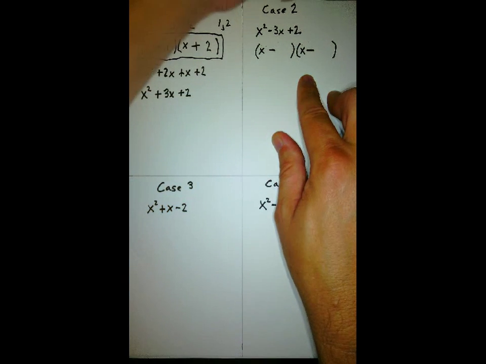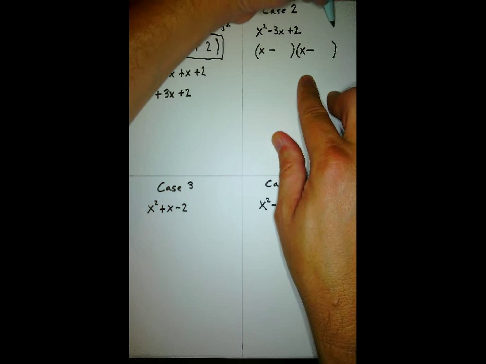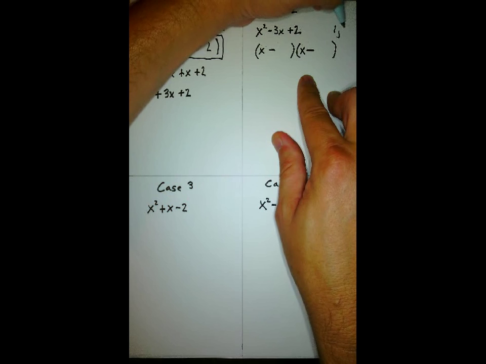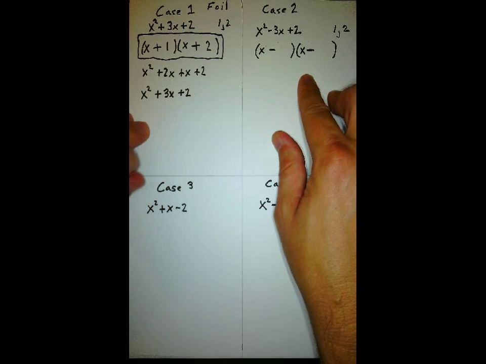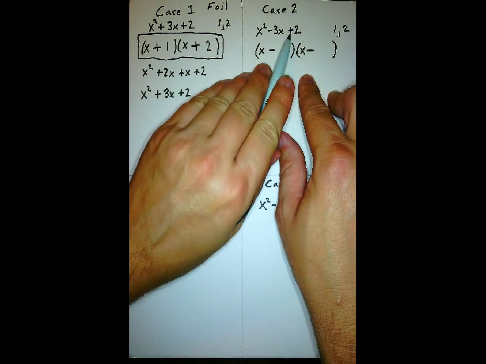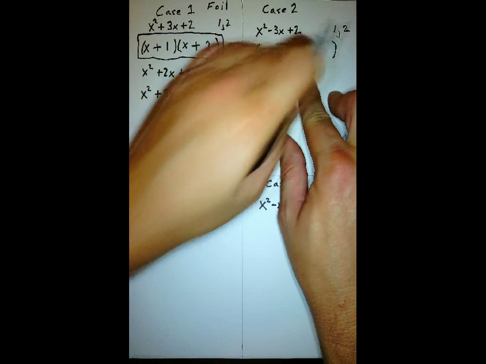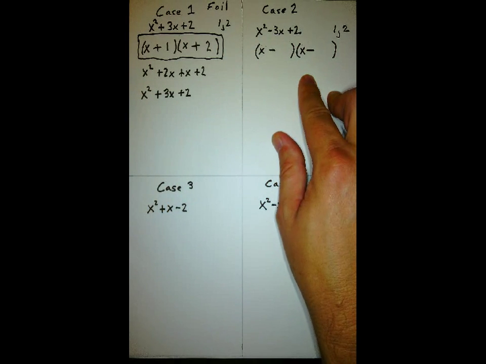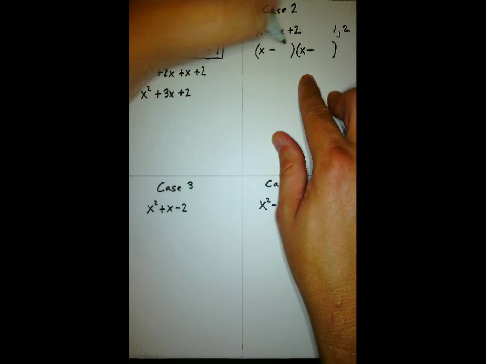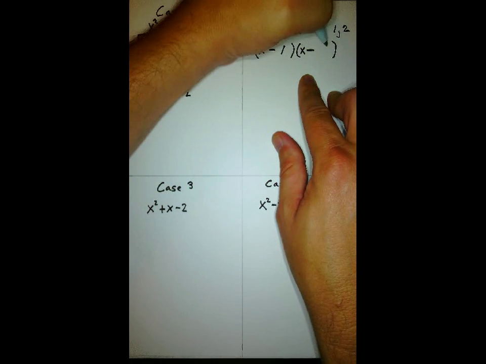Alright, now we need two numbers that multiply and give us 2. I think we've already learned that that's going to be a 1 and 2. And since this is a plus, these numbers should add and give us 3. And we see that they do. So again, we have a 1 and a 2 here.